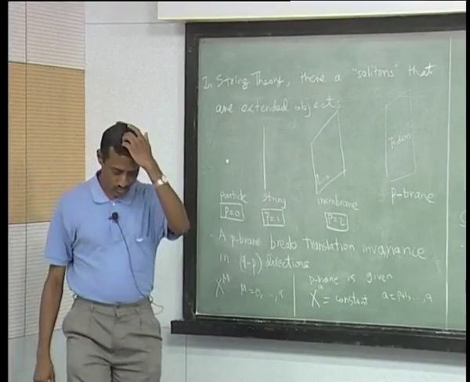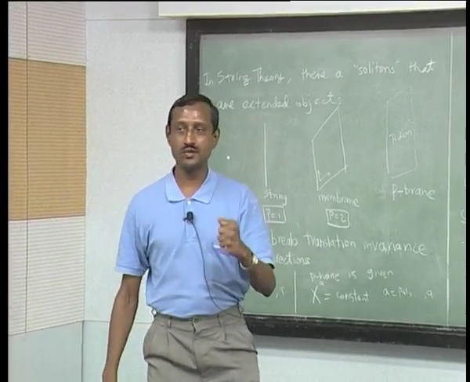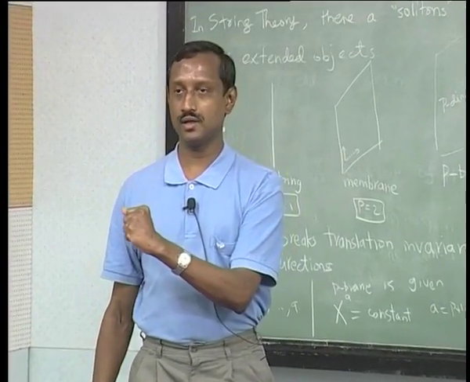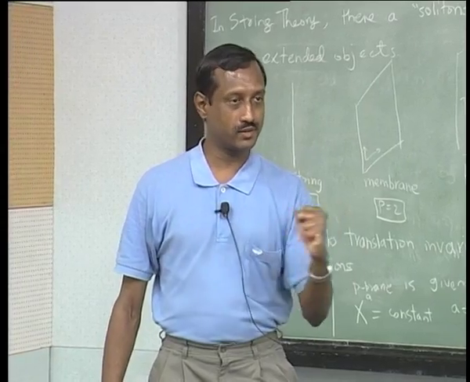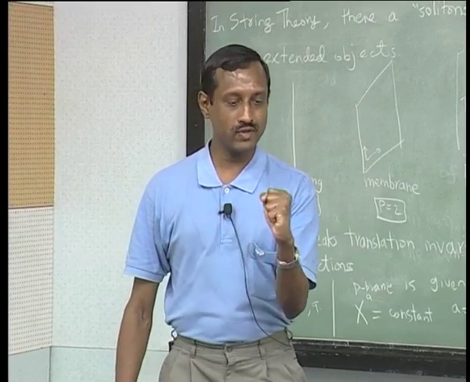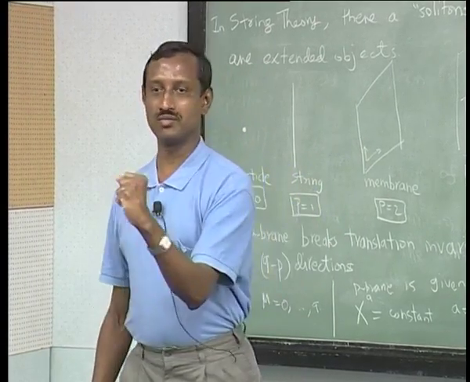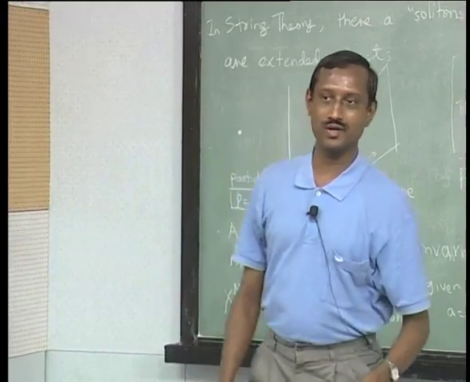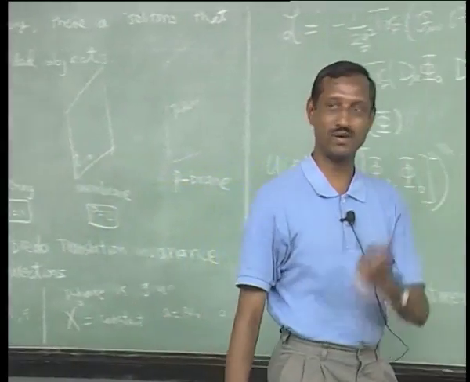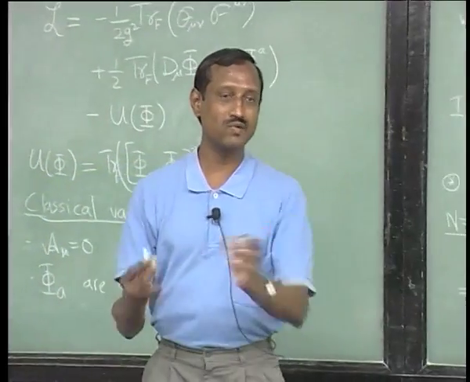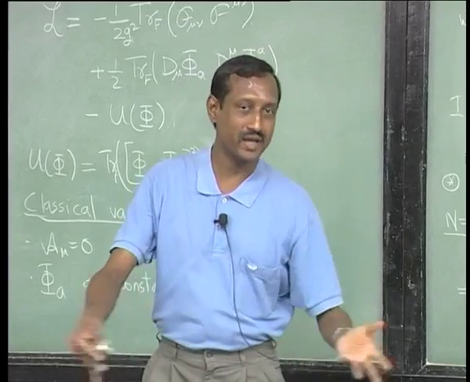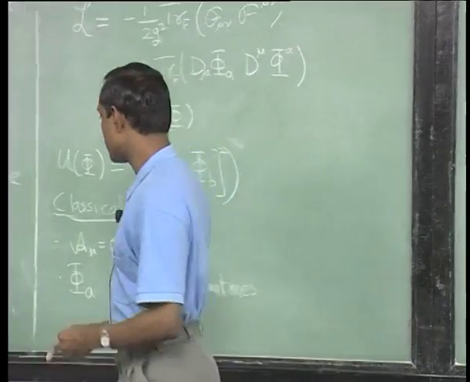So let us go back to the case of the kink soliton. The kink soliton was in 1 plus 1 dimension, and it broke translation invariance in space. Then we saw that there was exactly one zero mode, and if you want to do quantum mechanics of that soliton, we have to quantize that zero mode. So the quantum soliton would mean you treat that position as a coordinate in a quantum mechanical problem. But let us take something like a string.